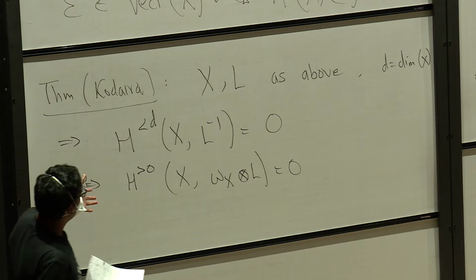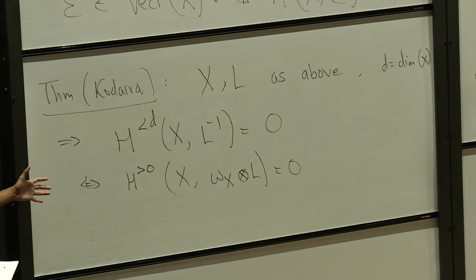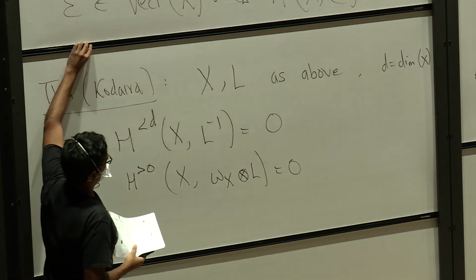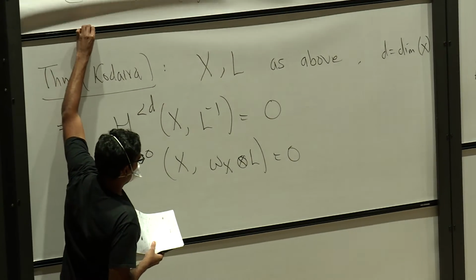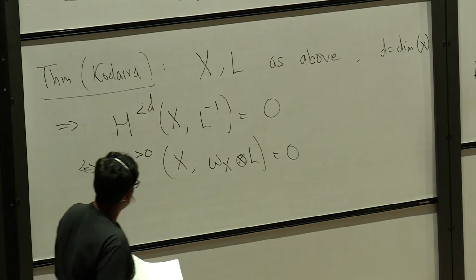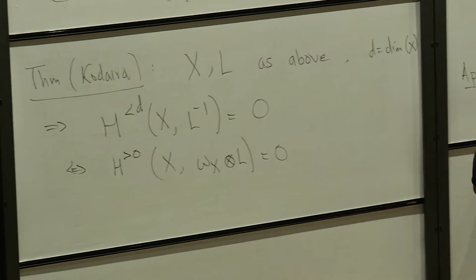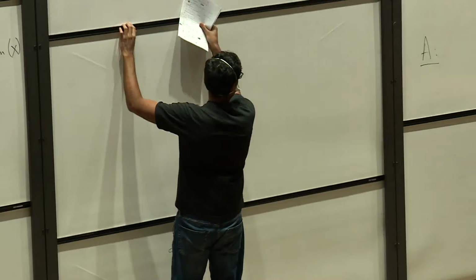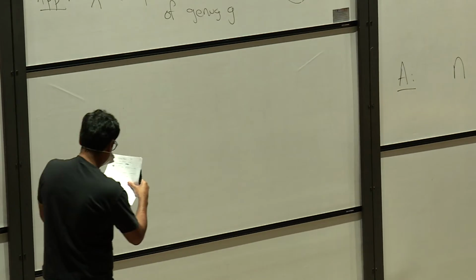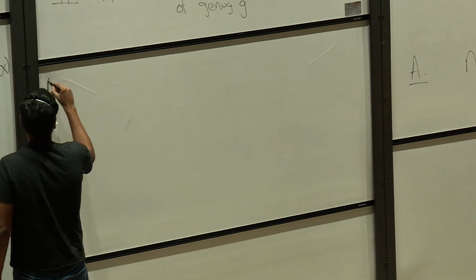So this is some statement, and if you first look at it, maybe it's not clear what exactly this is capturing. And so I wanted to give you at least one example of what's going on, or how you might use such a theorem. So maybe an application.